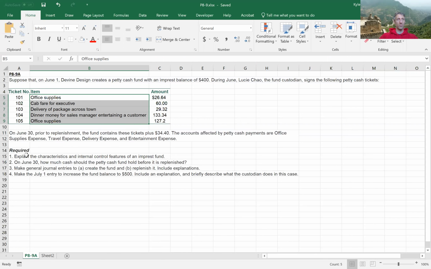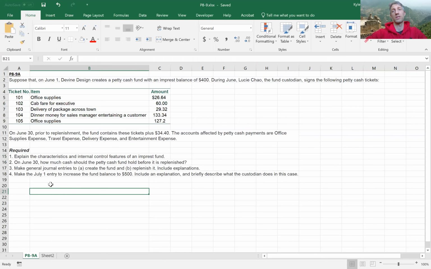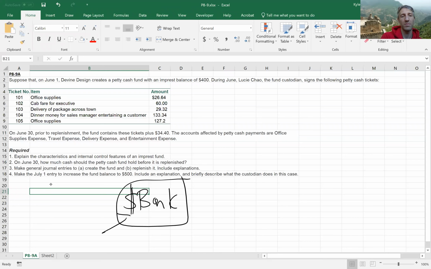Okay, so requirement one is explain the characteristics and internal control features of an imprest fund. So let's first think about, or just discuss really, what a petty cash fund is. So we know organizations keep money in the bank. This is for safekeeping. A bank is considered a safe spot for an organization to keep cash.